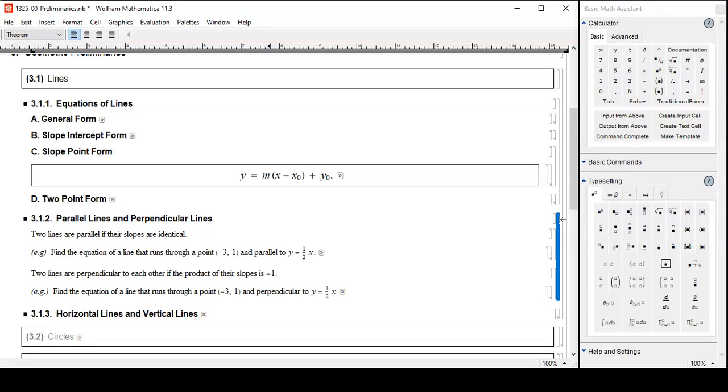Two lines are parallel if the slopes are the same. For example, find an equation of the line that runs through the point negative 3, 1 and is parallel to this line. Alright, running through this point, so it's got to be the slope-point equation.